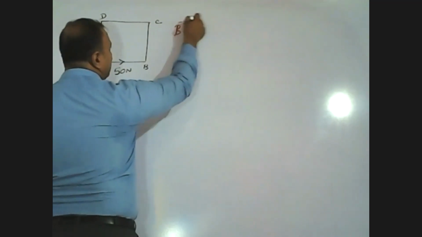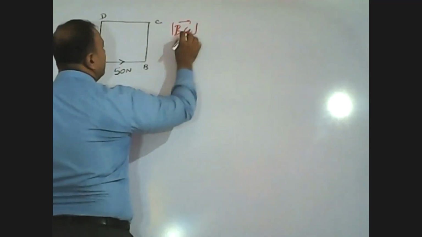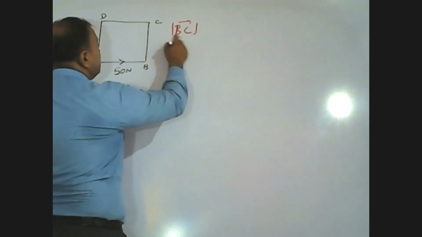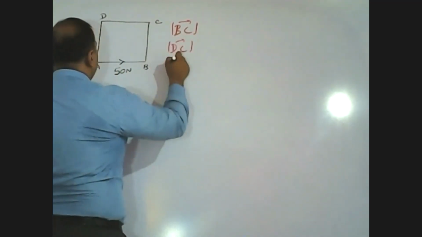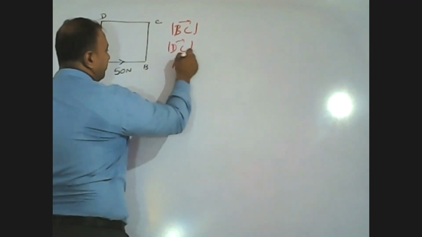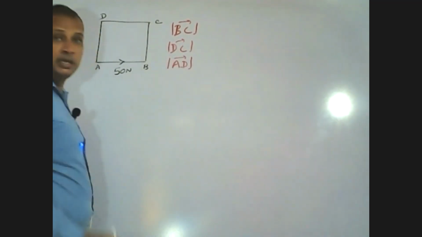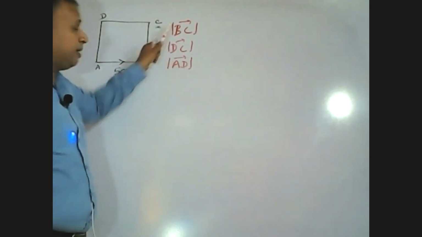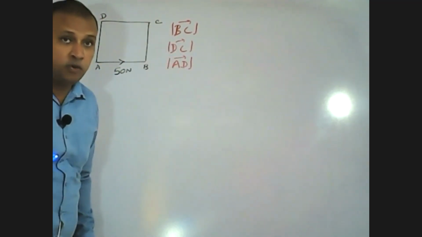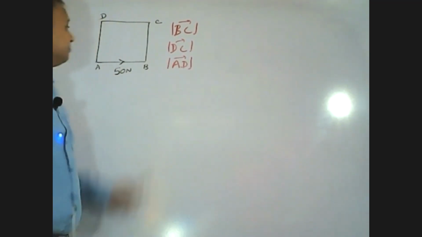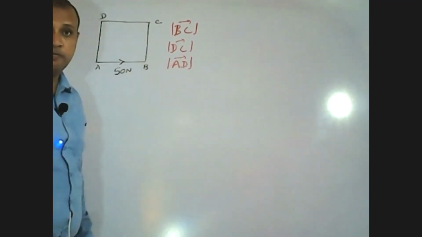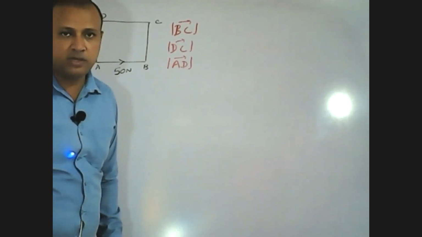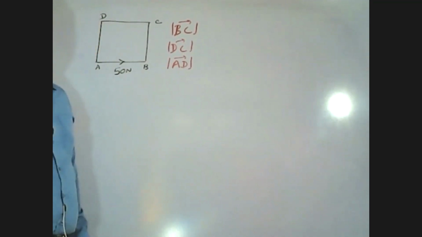Tell me, what are the answers? Magnitude of BC, how much? Now give me your answers in the chat box. 50, good.